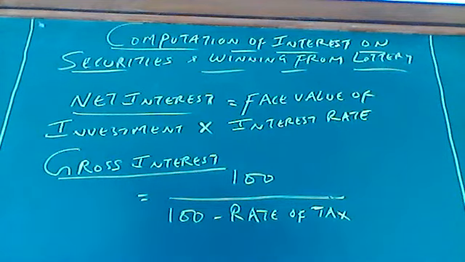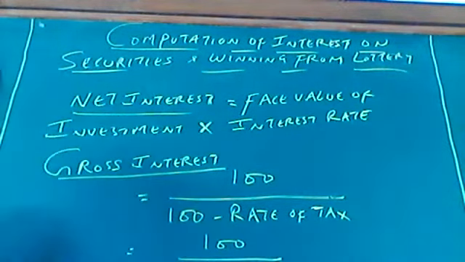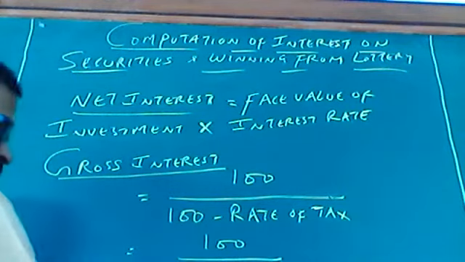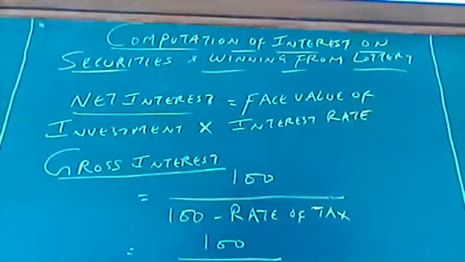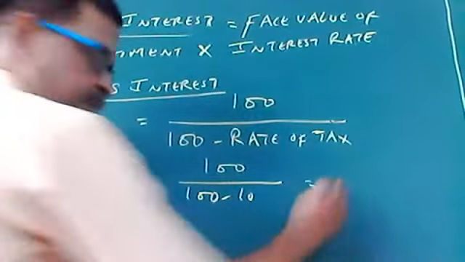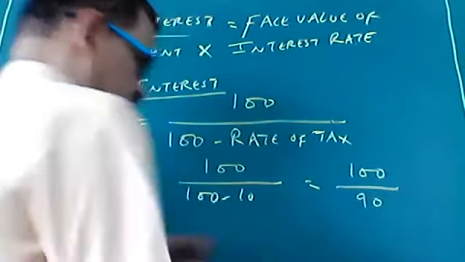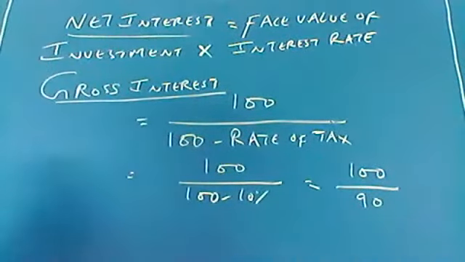So, if you take 10%, it is 100 minus 10, that is equal to 100 by 90.